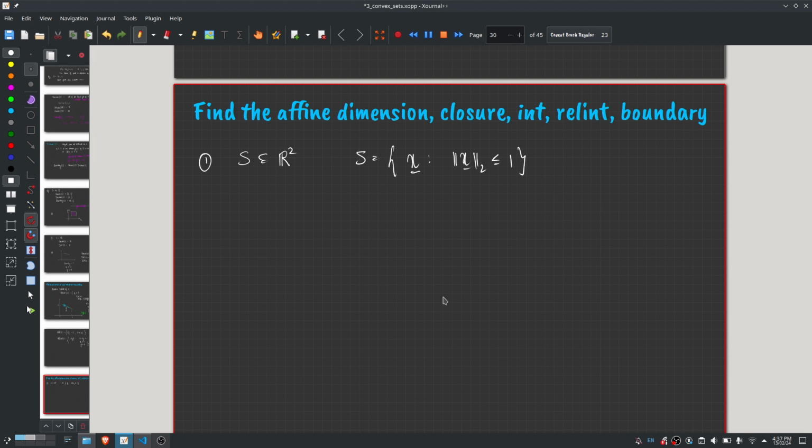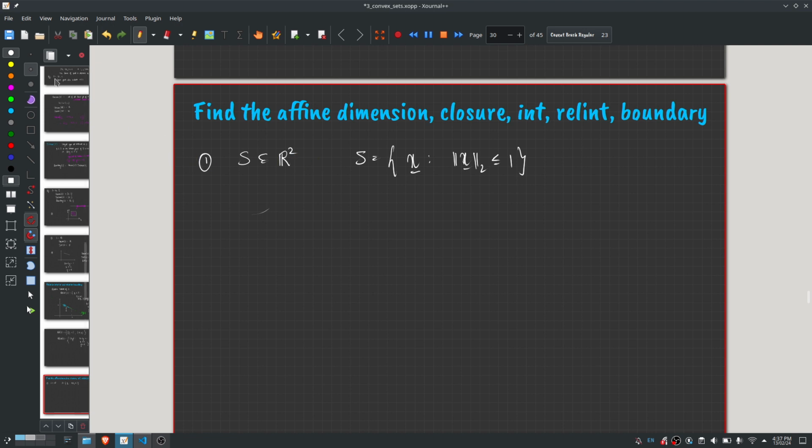So let's again try to look at things from a slightly more algebraic perspective. Consider the set S of all points in R2 for which the 2-norm of x is less than or equal to 1. In fact, you can think of this in Rn.